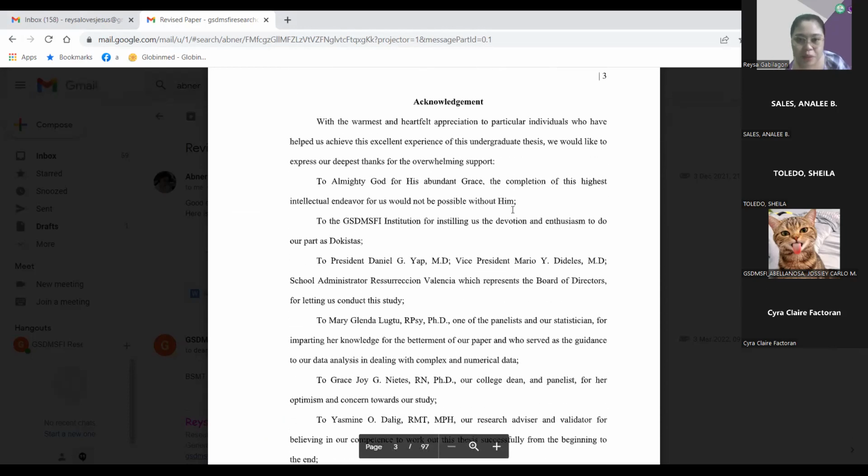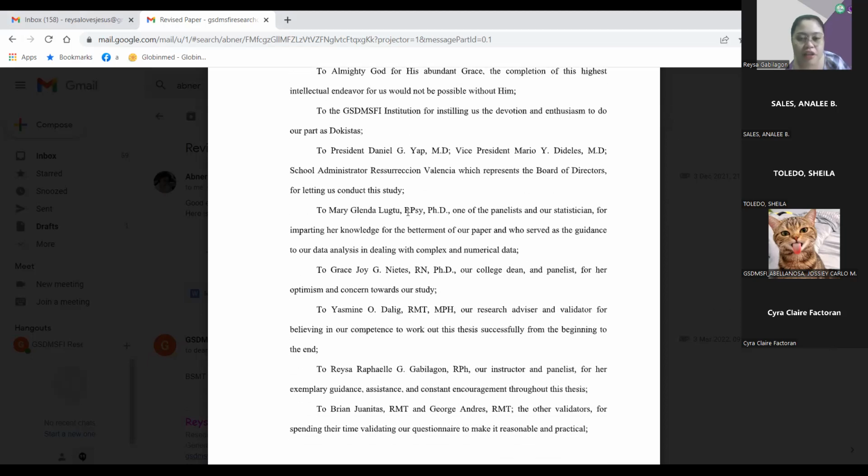Okay? After that will be the acknowledgement. So remember, meron tayong format for the acknowledgement. You start with God, the Board of Trustees, and the administration of the school. Administrators, I mean. And then followed by the panelist, and then your advisor. After your advisor will be the other people that you want to acknowledge in your study.